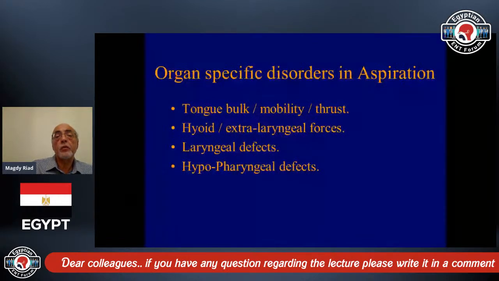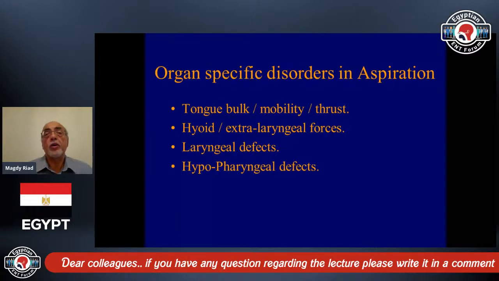You would want to really specify what went wrong with the swallowing. Is it the tongue, either its mobility or its bulk, or the pressure generated by the base of the tongue, or if there is any problem affecting the movements of the hyoid and the larynx and the neck, because these extralaryngeal forces have a very significant effect.